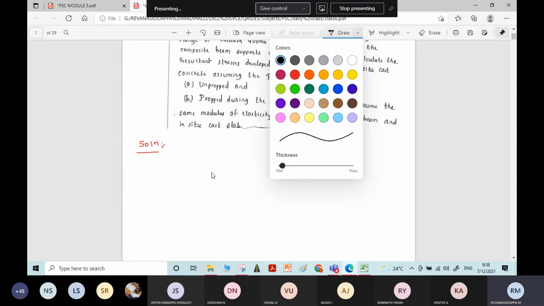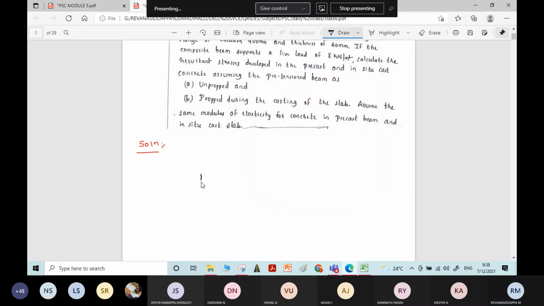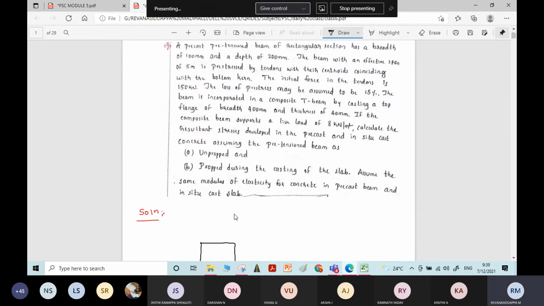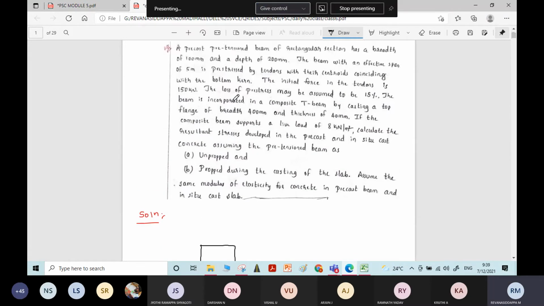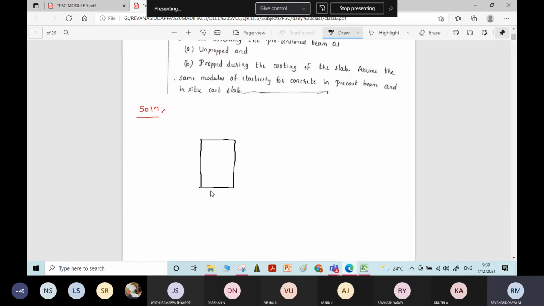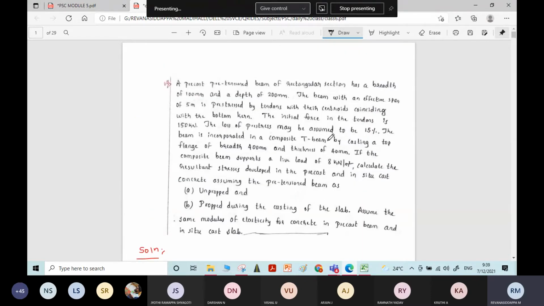See, there is a rectangular section of breadth 100 and depth 200. Over this rectangular section there is a flange or slab cast having 400 mm width and 40 mm thickness.